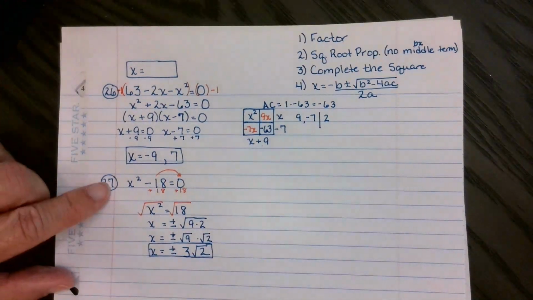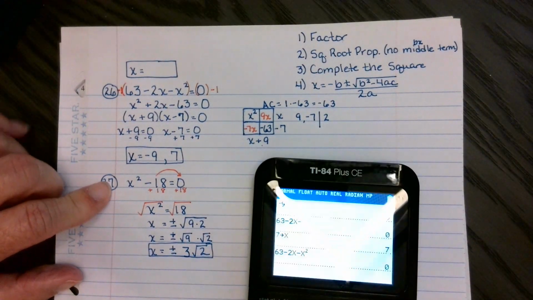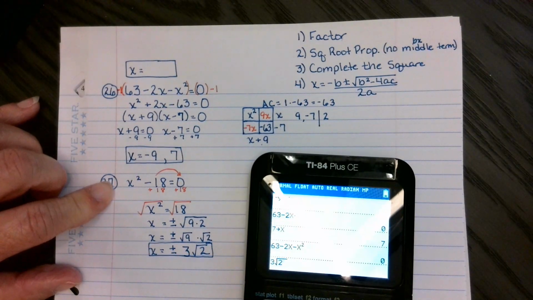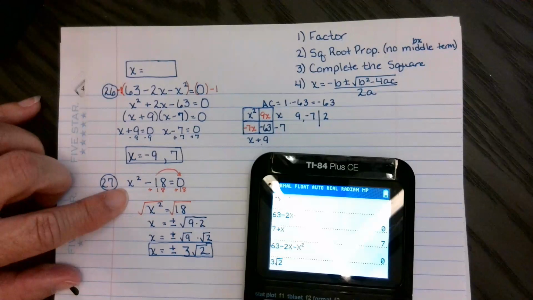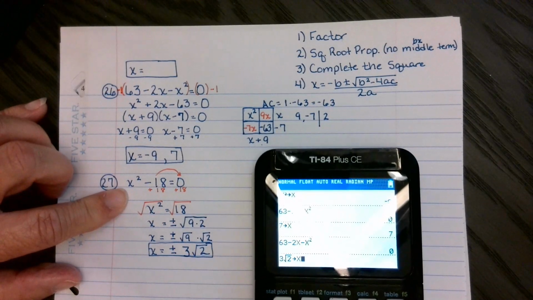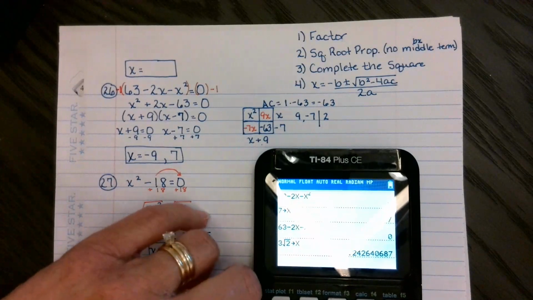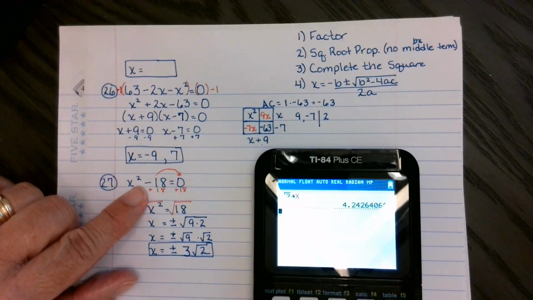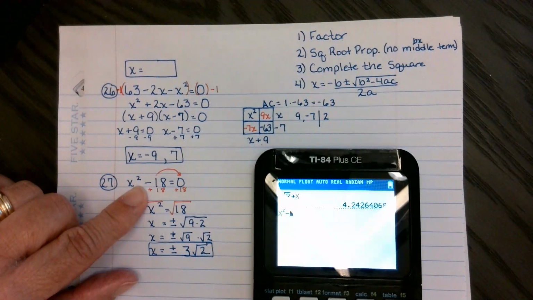Now, I can even check this one. Watch. 3 square root of 2. Okay. I'm going to store that under my x. Let me clear this. Okay. And then I'm going to type in x squared minus 18.